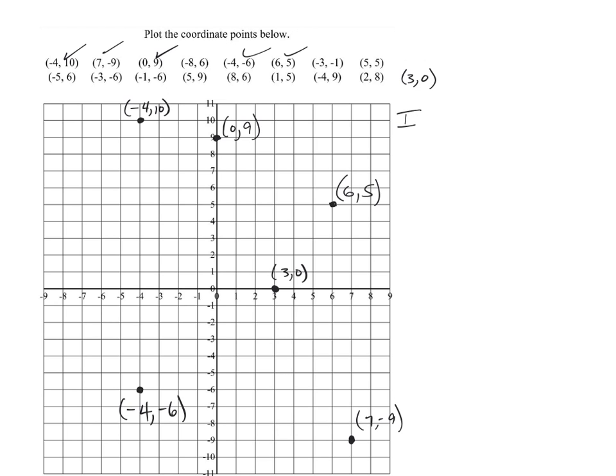What I want you to notice now, every point that's in the first quadrant will have a positive x and a positive y value. In the second quadrant, the point will have a negative x and a positive y, like -4 and 10.